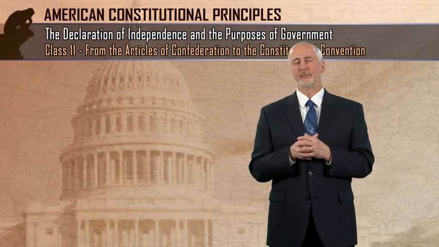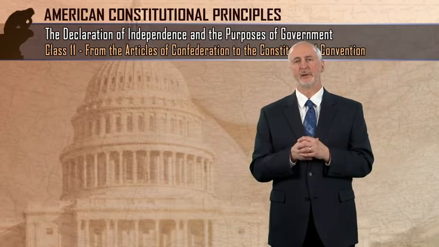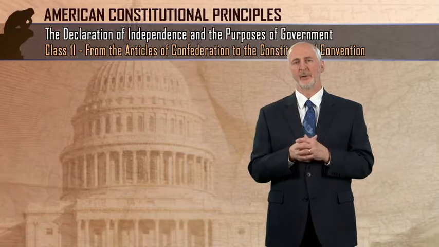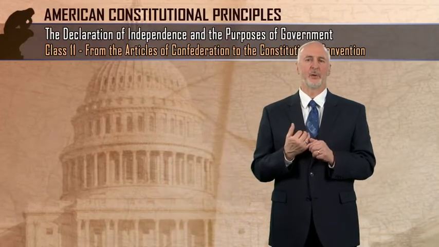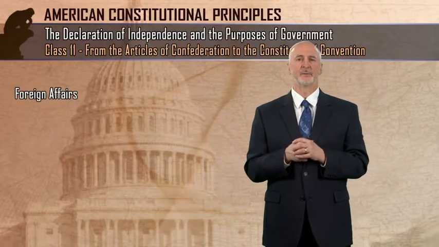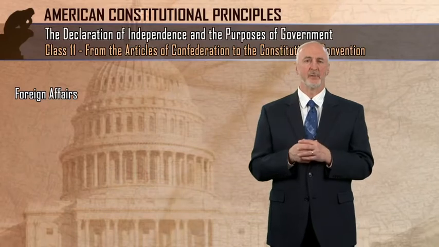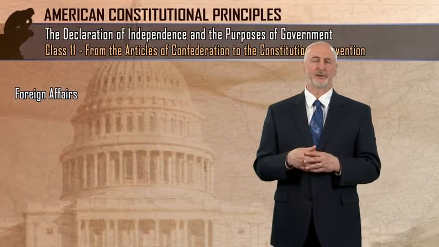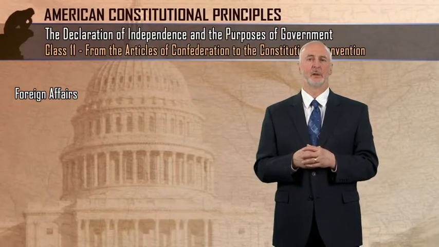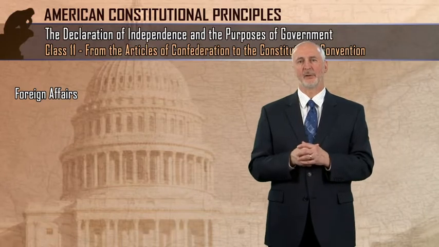Then the powers of government are very seriously limited in ways that made it more difficult for the government to be effective. First of all, you have the whole question of foreign affairs. The Articles of Confederation government did not really have the power to compel the states to pursue a single foreign policy.